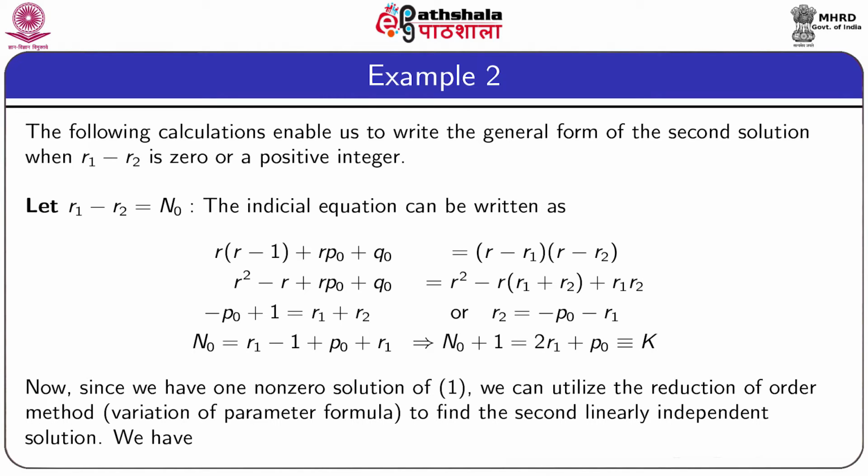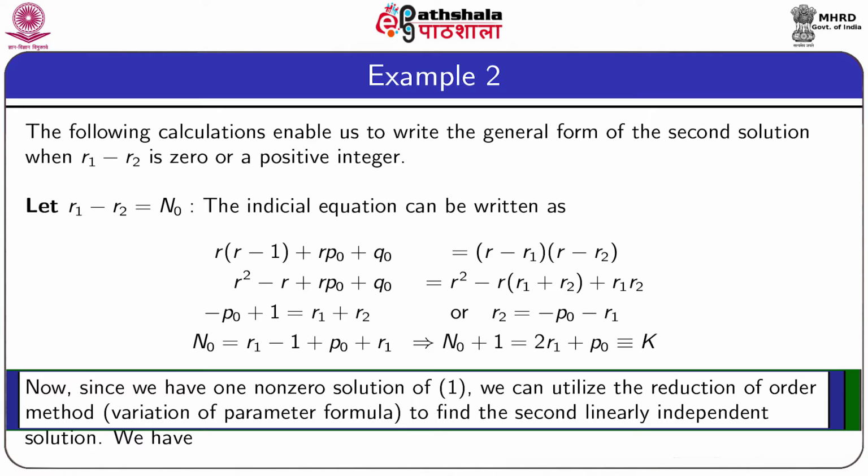This implies the sum of the roots r1 plus r2 is equal to minus p0 plus 1, which implies r2 is equal to 1 minus p0 minus r1, and hence n0 is equal to 2 r1 minus 1 plus p0, which implies n0 plus 1 is equal to 2 r1 plus p0, and let that be equal to k.